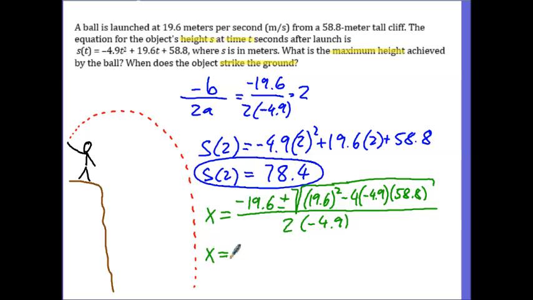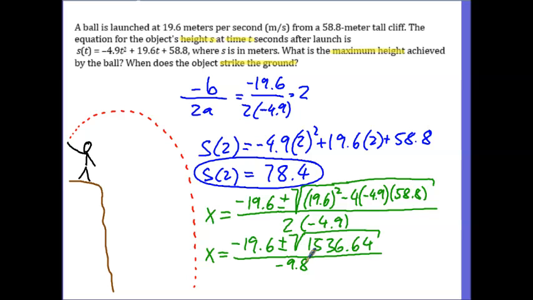So our discriminant is 1536.64, and in our denominator we got 9.8.